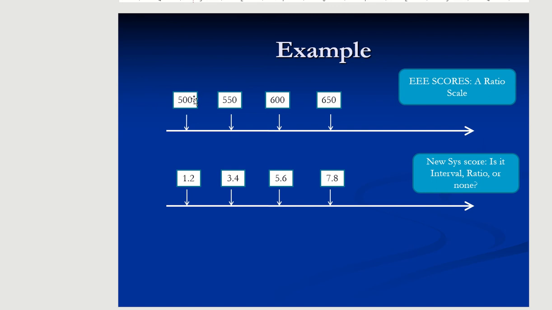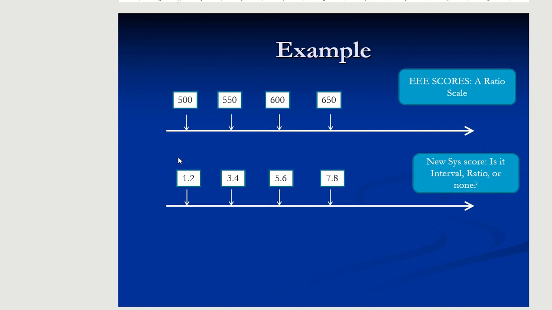So what happened is that the 500 was turned into a 1.2, the 550 was turned into a 3.4, the 600 was turned into a 5.6, and the 650 was turned into a 7.8. Now to know if the new scale is ratio or not, what we need to do is we need to ask ourselves, did the change include just a simple multiplication or division?